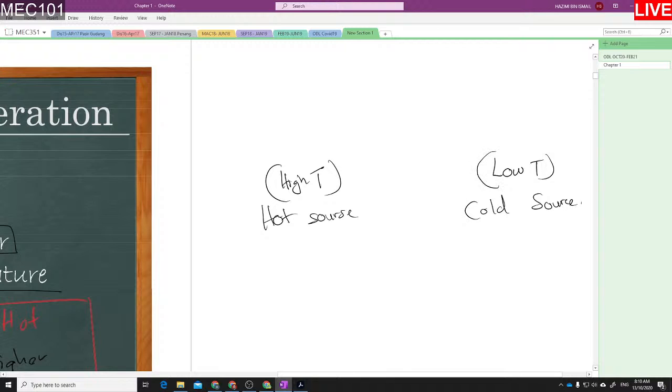So by the definition, refrigeration is a process to transfer heat from low temperature region to high temperature region. That is the definition of refrigeration.